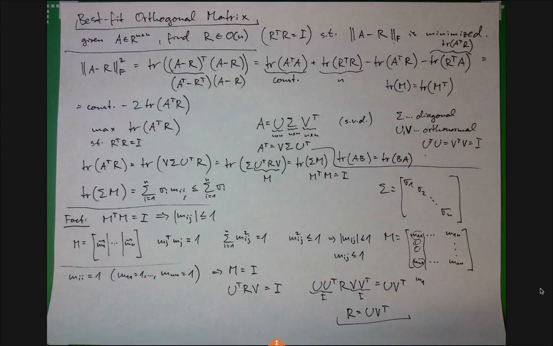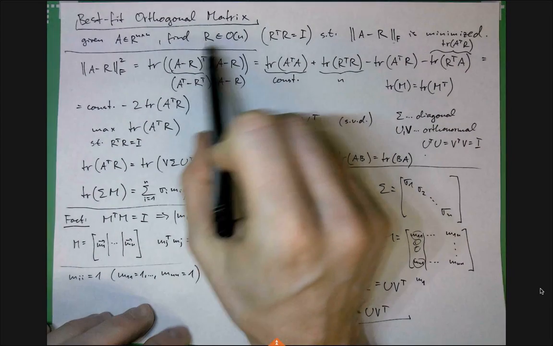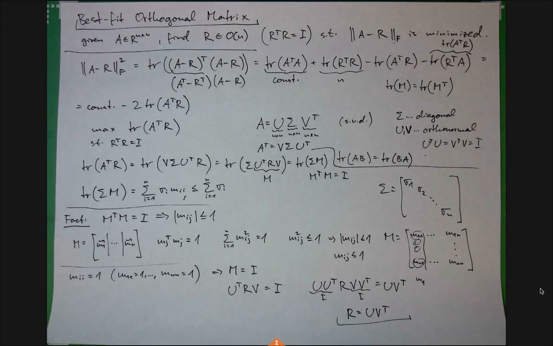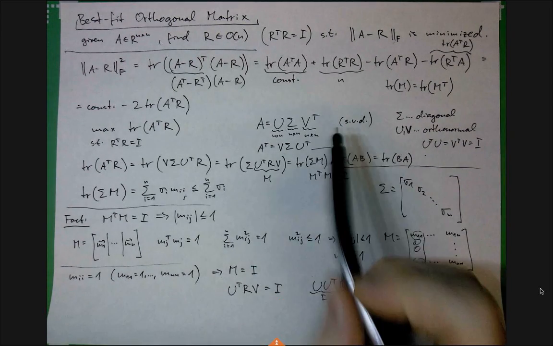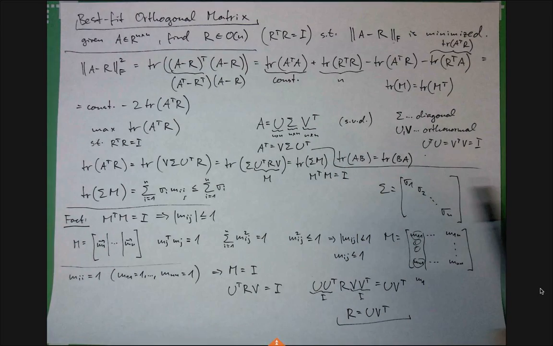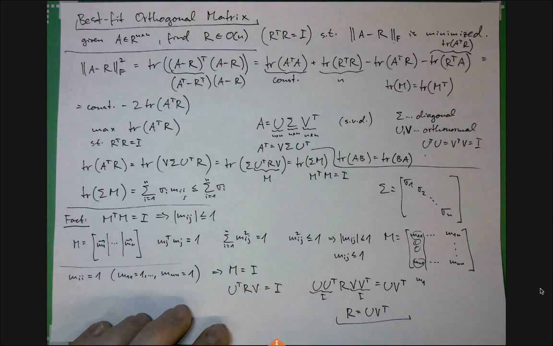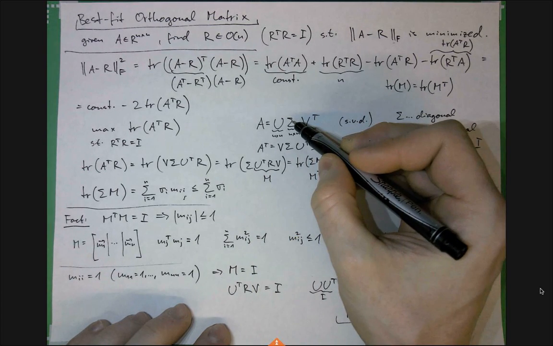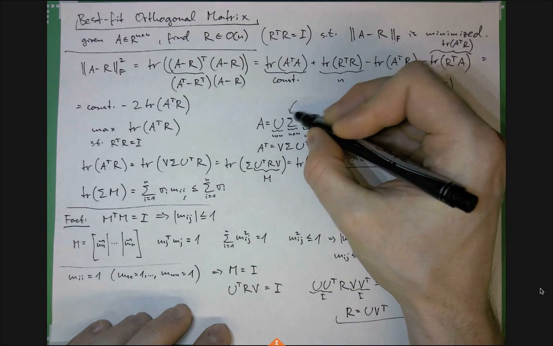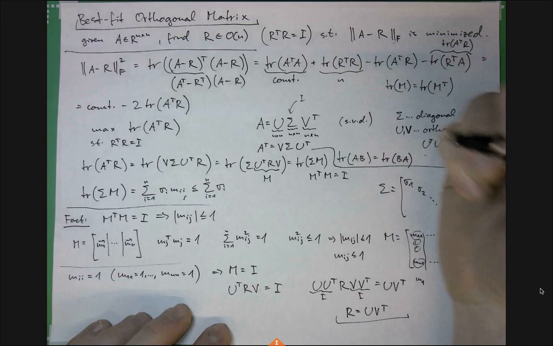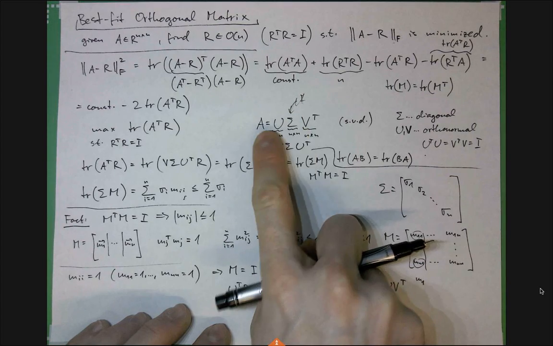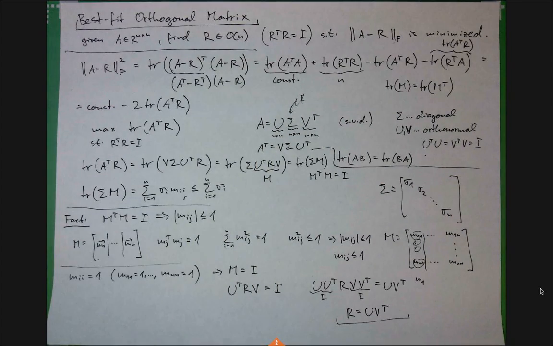So this is the answer. What is the optimal orthonormal R that best approximates A? And how do I compute it? I get the SVD. If you look at the whole picture now, all I need to do is compute the SVD, and then just instead of sigma, stick in the identity. Basically forget about the sigma, and that's my optimal orthonormal approximation. Just sort of interesting.